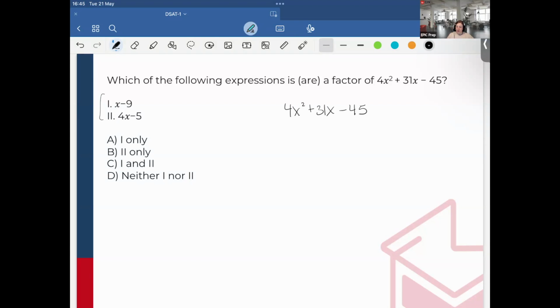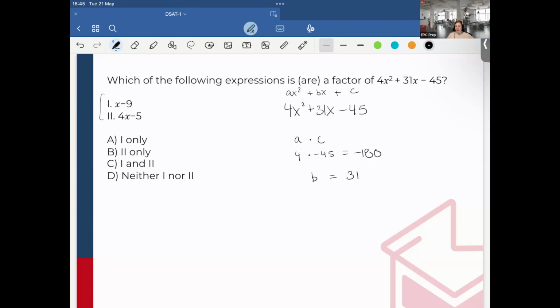So I'm looking for two values that when I multiply them together, I'm going to get a times c, which would be 4 times negative 45, which is negative 180. And when I sum these values that I need to find, will give me 31.